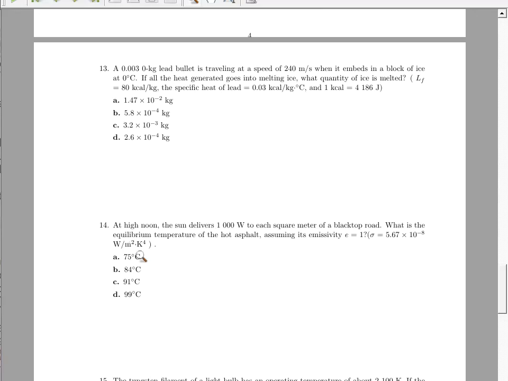Okay, number 14. For this one, at high noon, the sun delivers 1,000 watts to each square meter of a blacktop road. What is the equilibrium temperature of the hot asphalt, assuming emissivity E equals 1?